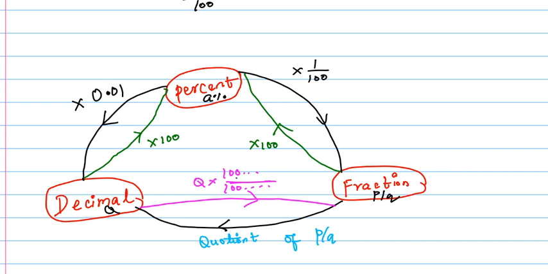How many digits are there in the decimal to the right hand side of the decimal point? Depending upon that, you have to multiply and divide by the corresponding value. After multiplying, try to cancel, try to divide the common multiple. From that you may get the fraction.